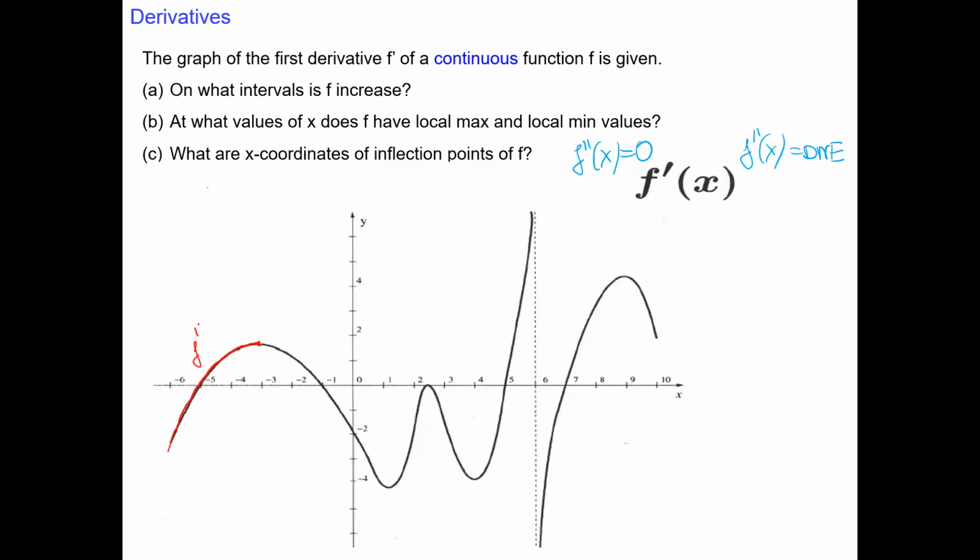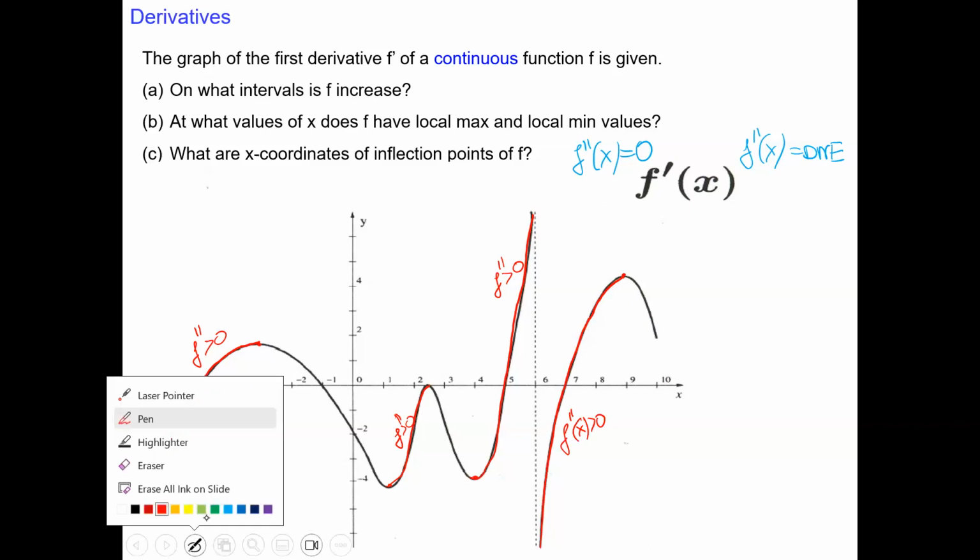Its derivative, which is the second derivative, is positive. Increasing, its derivative is positive. Increasing again, its second derivative is positive.